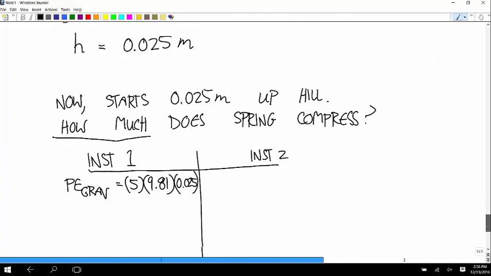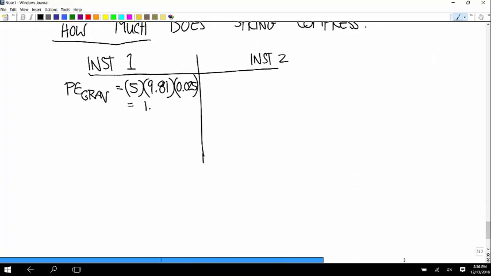And I'm going to guess that that's 1.25 joules. There's round off here, but this has to be the same amount of energy that we had before, because what we figured out in the last problem was you have the same amount of potential energy compressing the spring that much as you have having it this high up the hill.